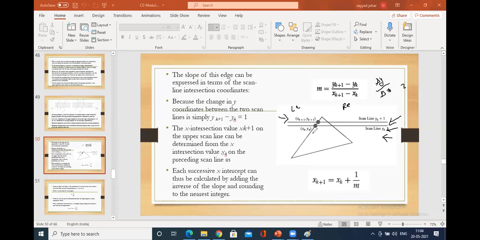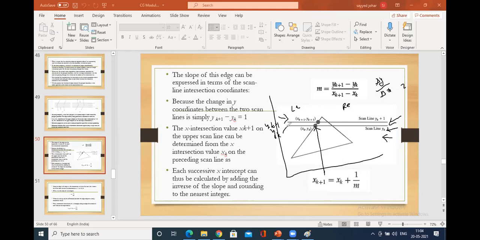So the scan line at this point, what will be the value of y? If I plot this in terms of a graph, this will be the y, so maybe the scan value of yk and the incremental value at yk plus 1.